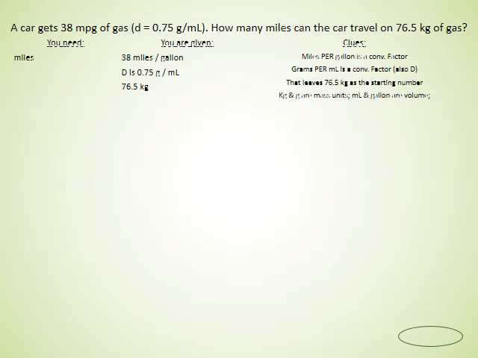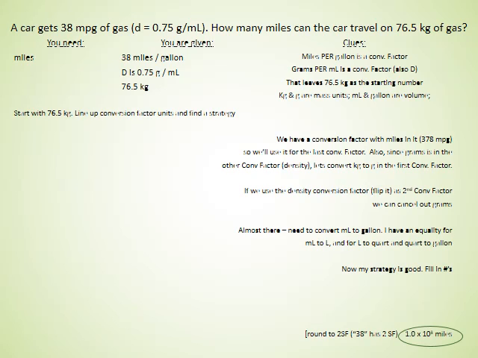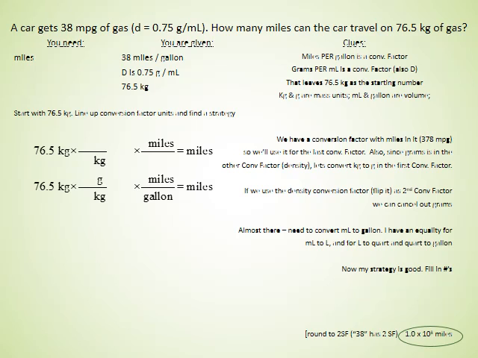The kilograms would be our starting factor, and we're trying to get to miles. So we know kilograms must be on the bottom of the first conversion factor. We also know that miles must be on the top of the last conversion factor. So we can start realizing, we'll go work backwards. The final conversion factor will be miles to gallons, and we know that we're trying to get to gallons. Gallons is a volume, so gallons might be related to milliliters, which is in one of our conversion factors.